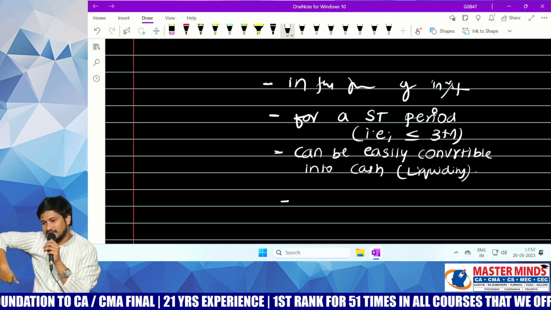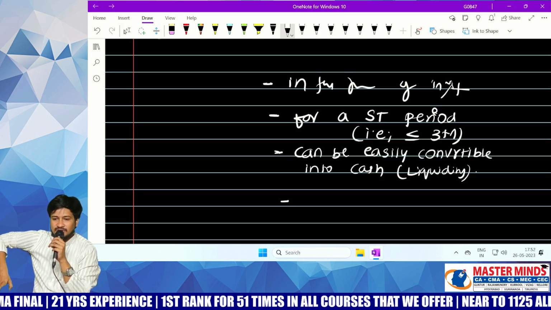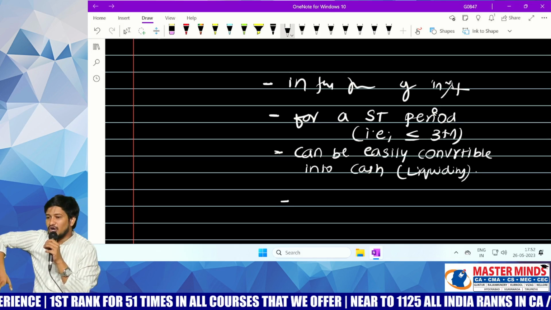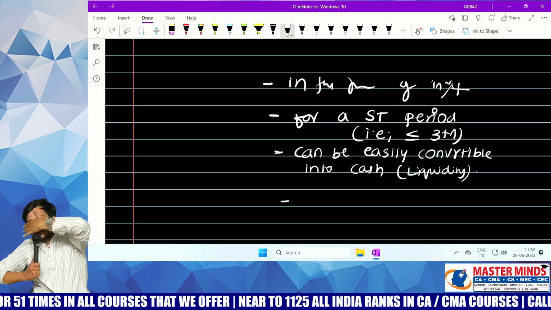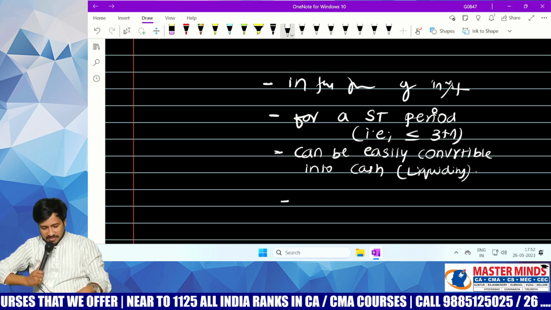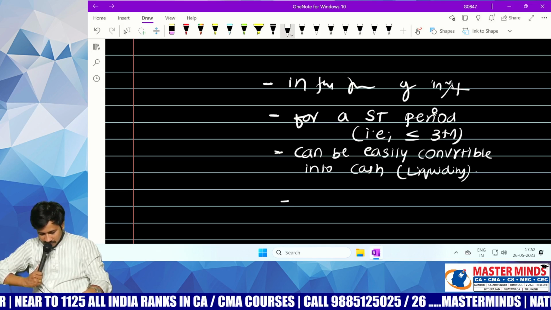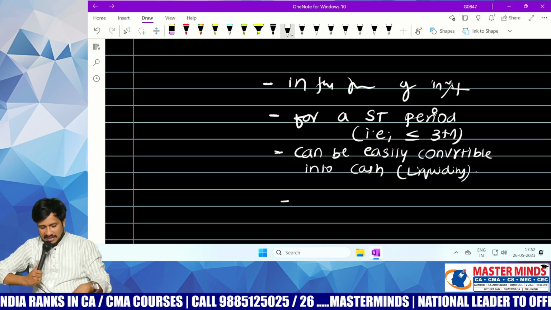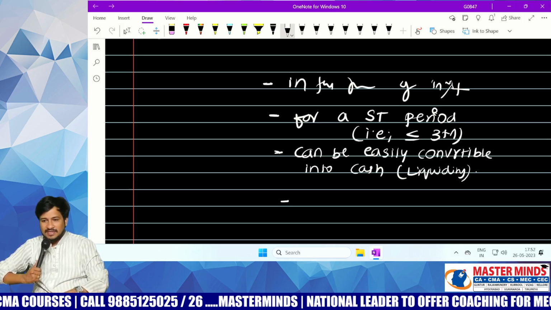Point number 4. Generally, investment in money market securities or marketable securities for a period less than or equal to 3 months is considered as cash equivalents.